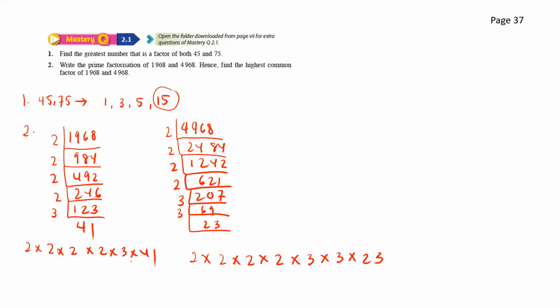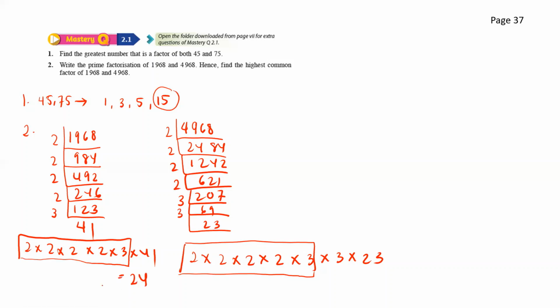So the common factors between this number and this number here is up until number 3 here. As you can see, both of these factors come out until here. After that, it is not the same anymore. So the highest common factor between 1968 and 4968 is 2 times 2 times 2 times 2 and times 3. So that will give us an answer of 24.